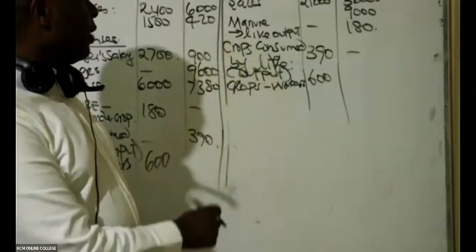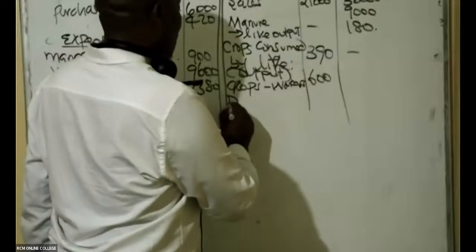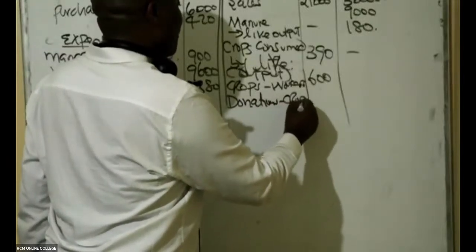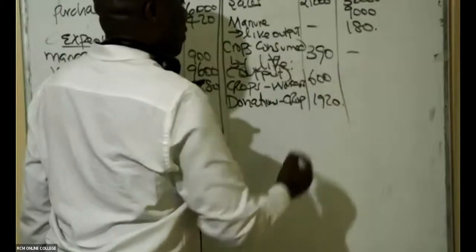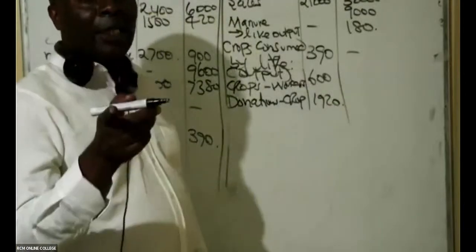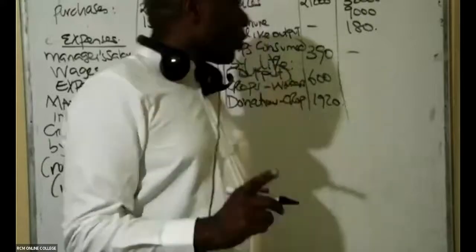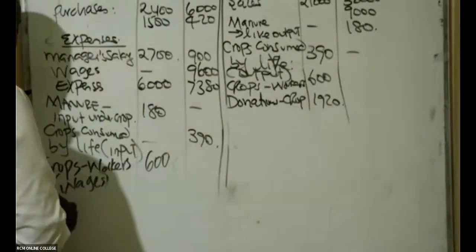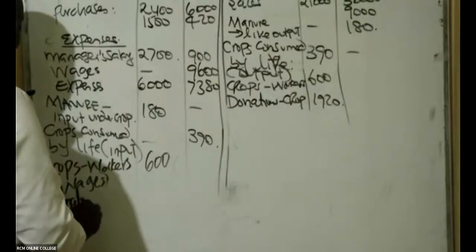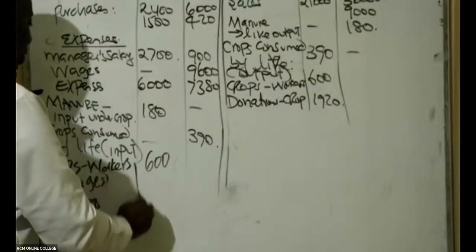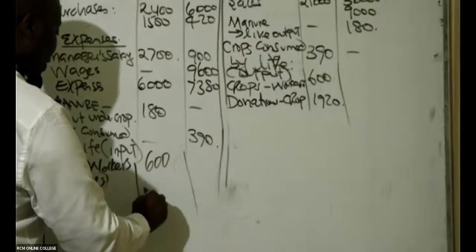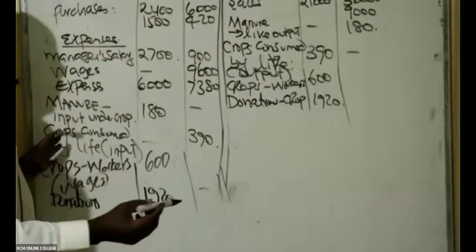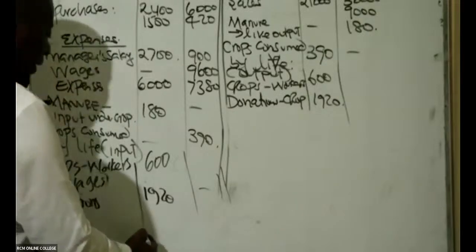So in this case we have donations, crops, worth 1920. Donations shall always be expensed. Donations shall always come here under expenses. So come and tell us donations. Under crops, you simply mention here 1920 like that. And that is it. So now come and do your balancing.